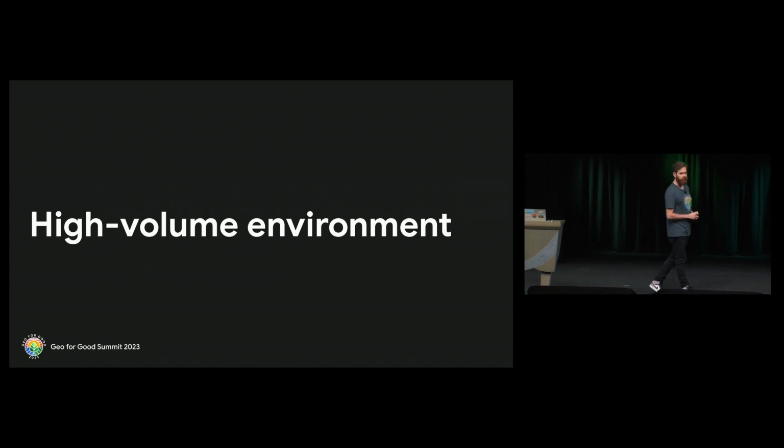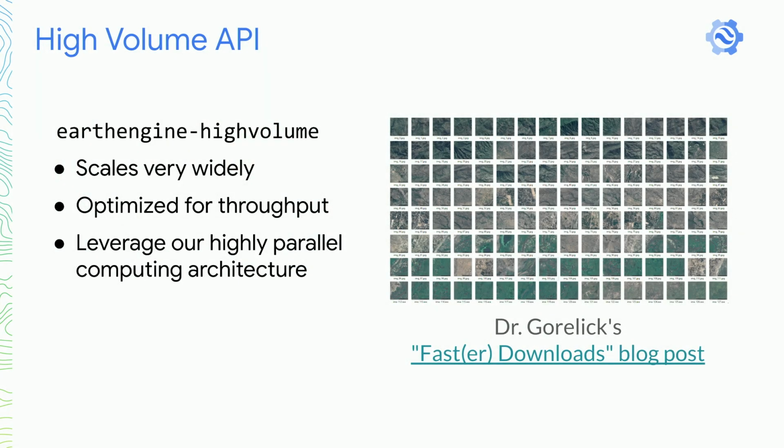This one's tricky to talk about. This is a lot like the online interactive environment in that every request gets a response, and you are making one request per response, and they're interactive. You're waiting on the responses to come back. The difference with the high volume API is that it's designed for programmatic access and programmatic scale. So really, this is the environment.